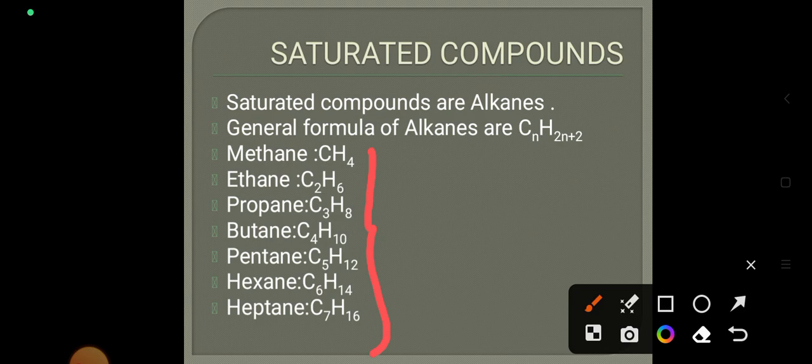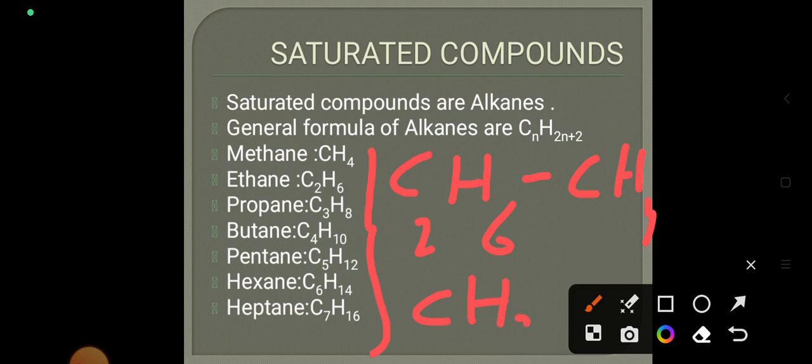Now when you look carefully, we can also understand that every next member of the alkanes differs by a CH2 unit. Take an example: ethane, molecular formula C2H6, minus methane, CH4. If I subtract, I can understand that ethane differs from methane by a CH2 unit.